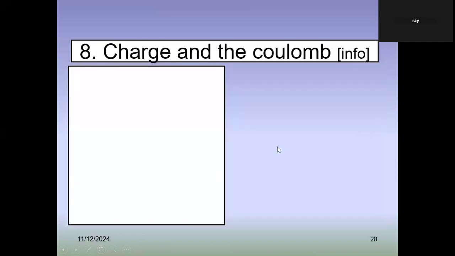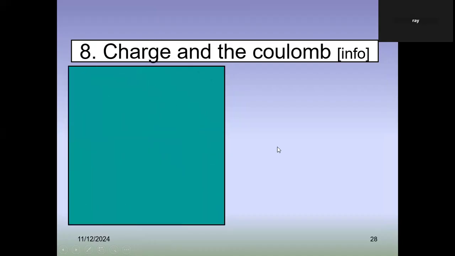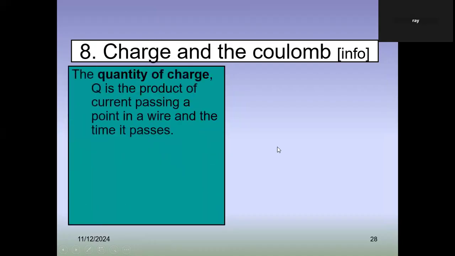Charge and coulomb, for your info: quantity of charge Q is the product of current passing a point in a wire and the time it passes. Basically, from the definition of current, Q is It. Coulomb is ampere second.